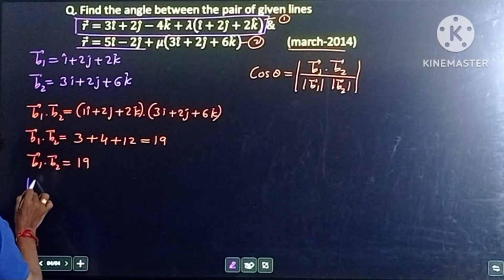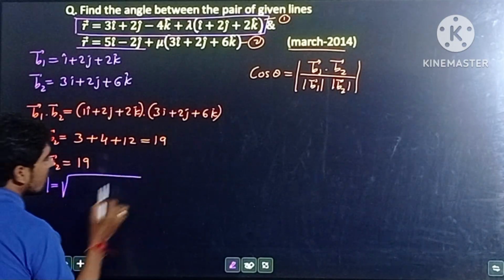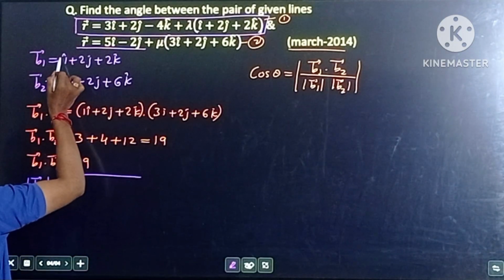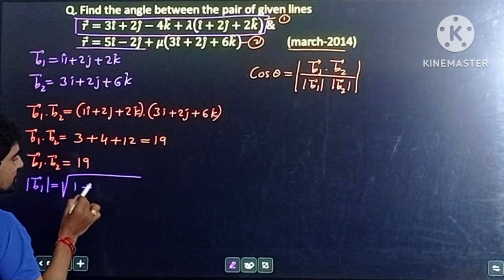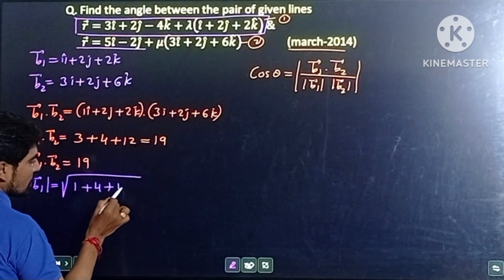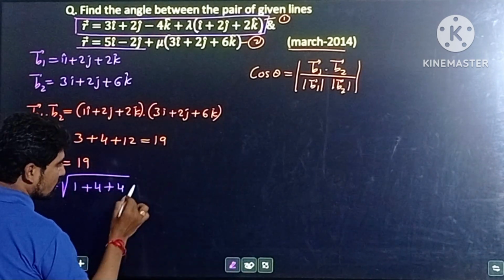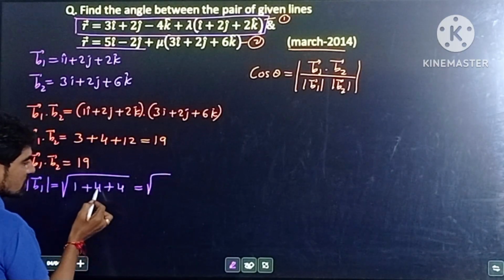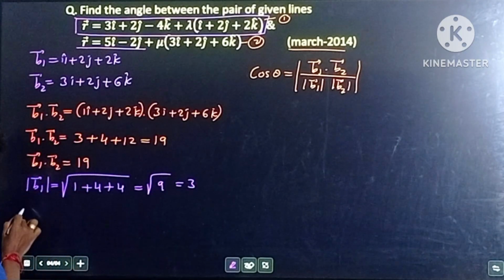Magnitude of b1 vector equals the square root of the square of the i coefficient, 1 square is 1, plus the square of the j coefficient, 2 square is 4, plus the square of the k coefficient, 2 square is 4. Therefore, magnitude of b1 vector equals square root of 4 plus 4 is 8, 8 plus 1 is 9, which equals 3.